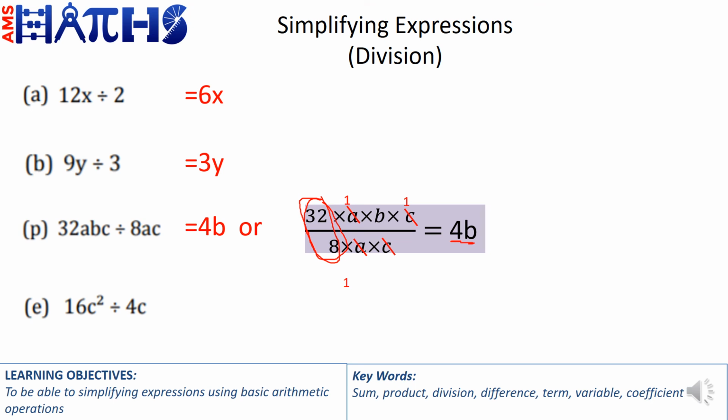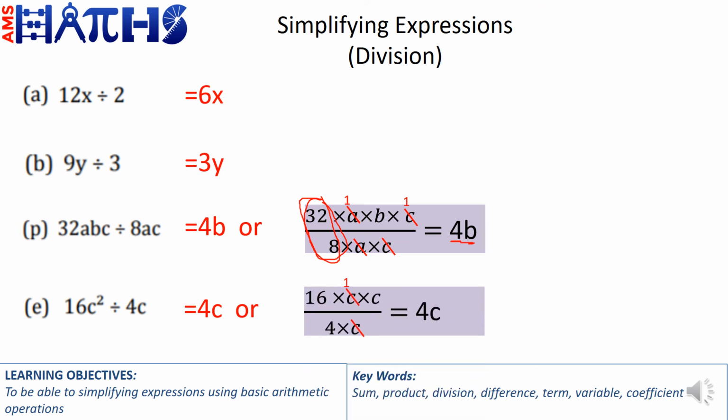In the next example, we have 16c squared divided by 4c. And so we divide 16 by 4 to get 4, and c squared divided by c to get c. To make it simpler for us to understand what takes place, we do the same as previously done. We divide 16 by 4, so I've written it as a fraction.